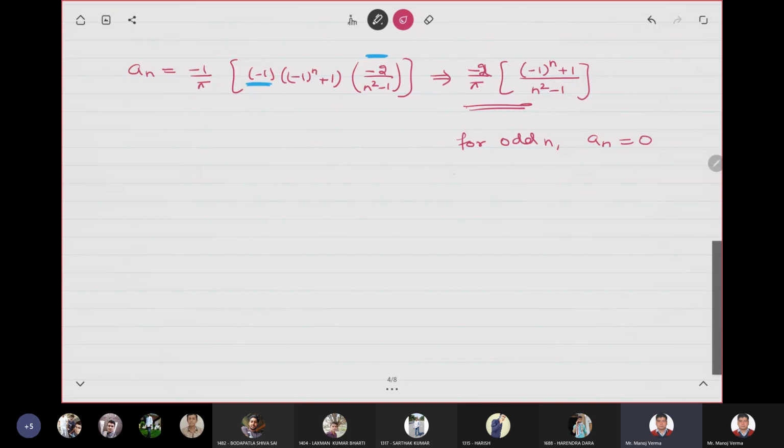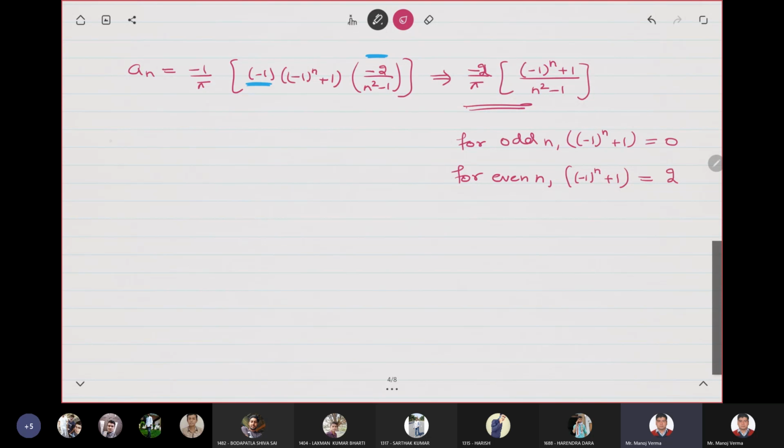So we will write minus 1 raised to the power n plus 1 will be equal to 0. And similarly for even n, it will become plus 1, and plus 1 plus 1 will give 2 plus 2. So this expression minus 1 raised to the power n plus 1, for even value of n, will give us 2 plus 2.